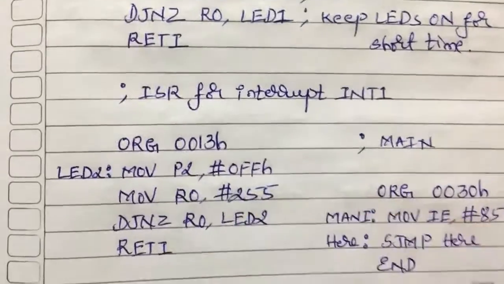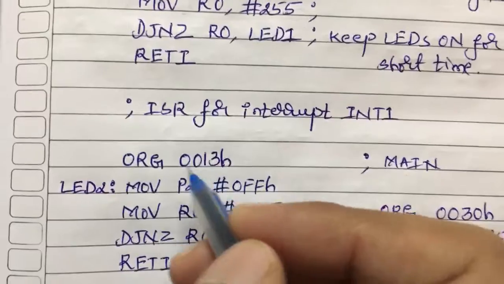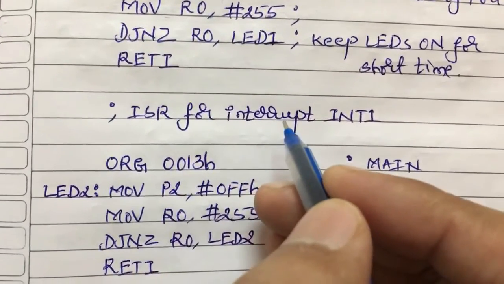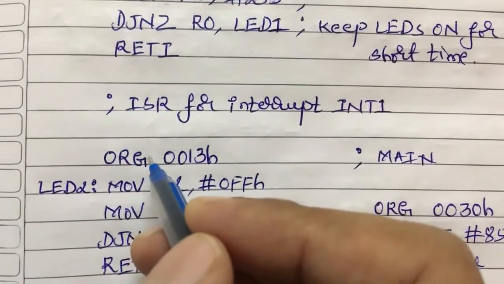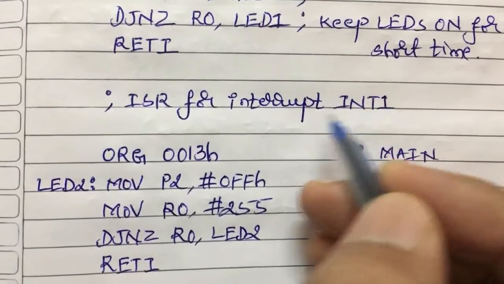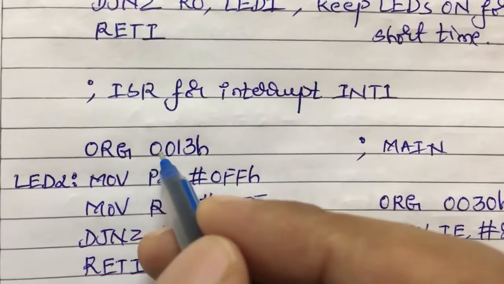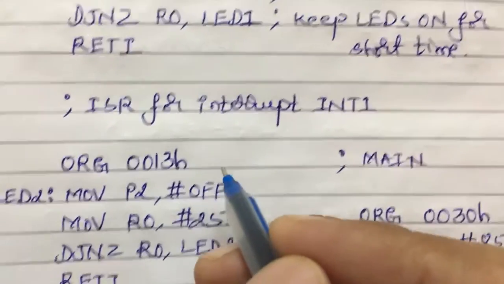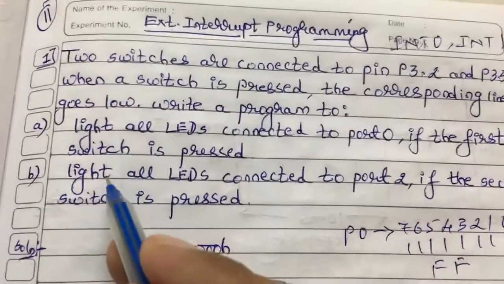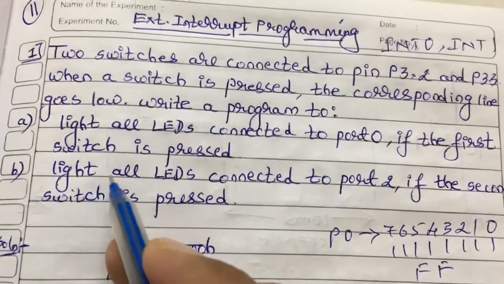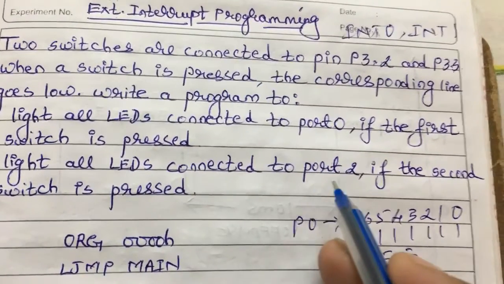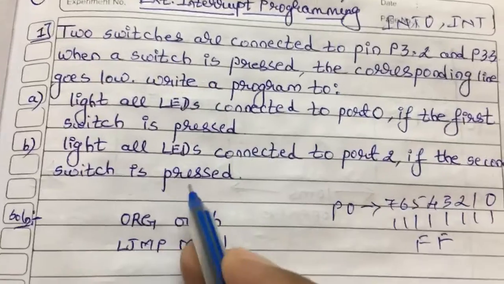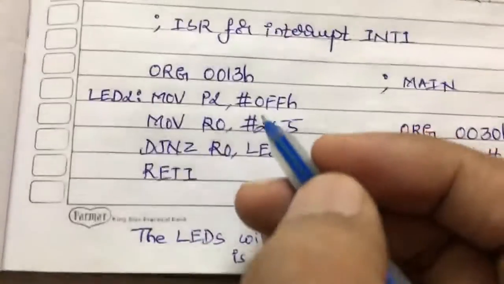Here I have written the ISR for interrupt INT 1. The address for that is ORG 0013H, the IVT address of INT 1. Same thing: if I press the second switch, light all the LEDs connected to port 2.